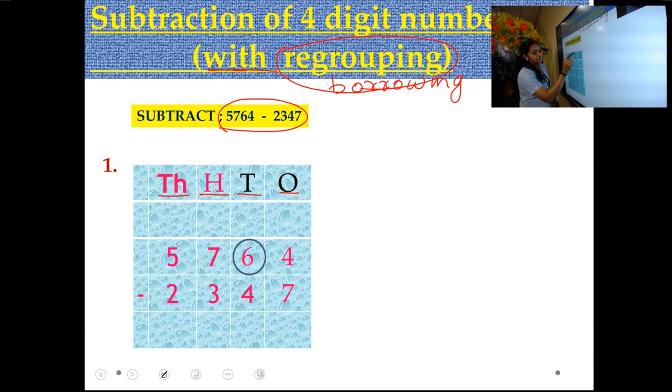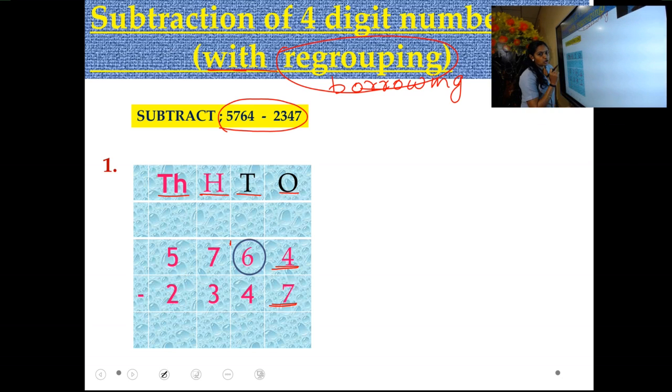Here we will start subtraction from which place? From the ones place. The ones place numbers are 4 and 7. Look at the top number 4. 4 is smaller than the bottom number 7. 4 is smaller, 7 is big.